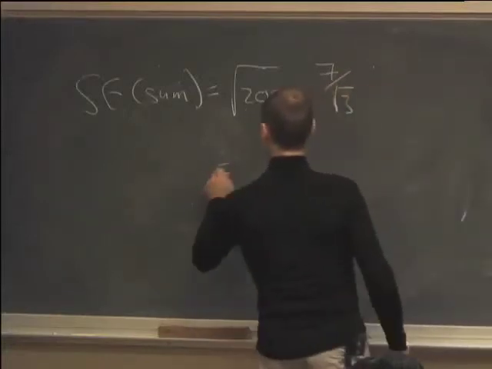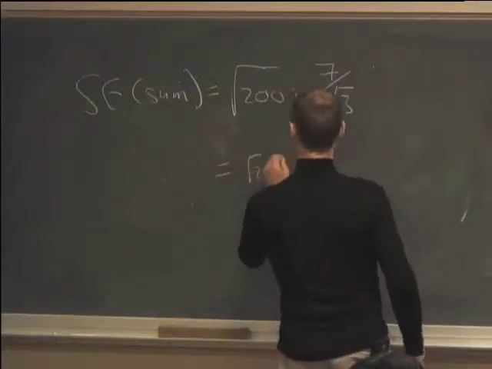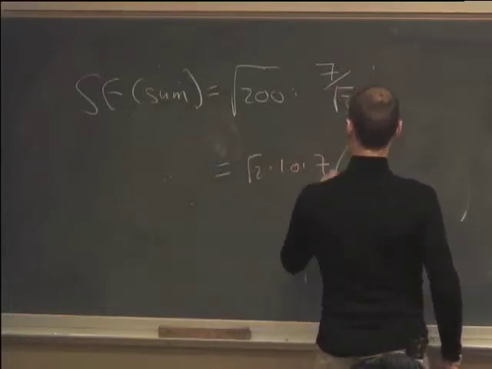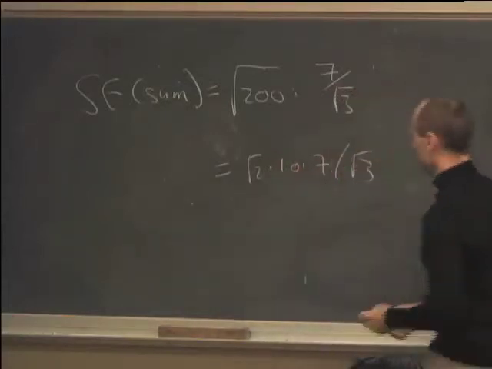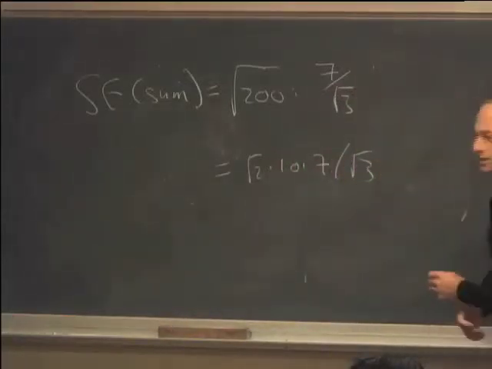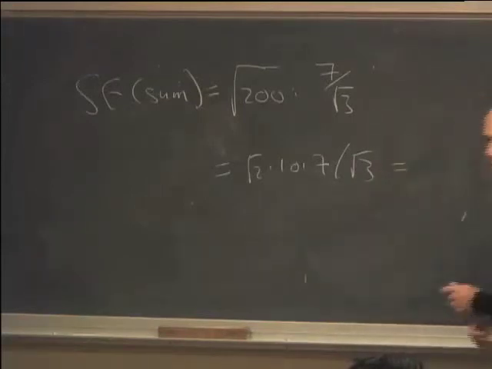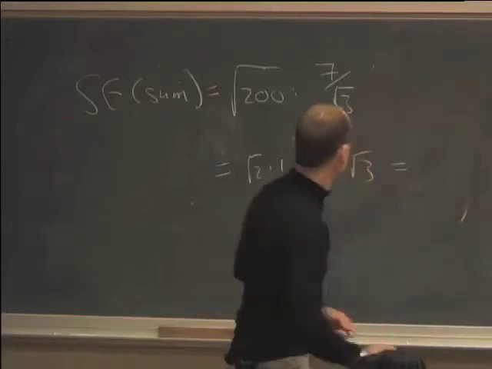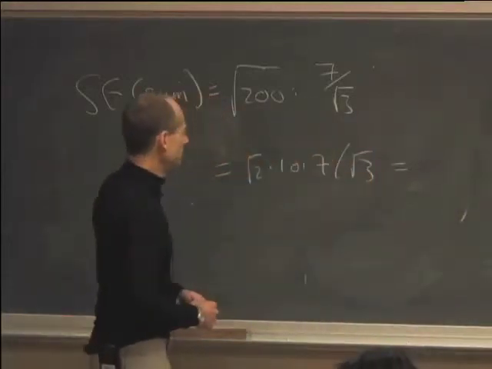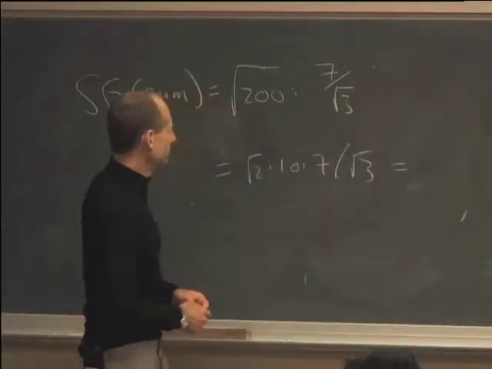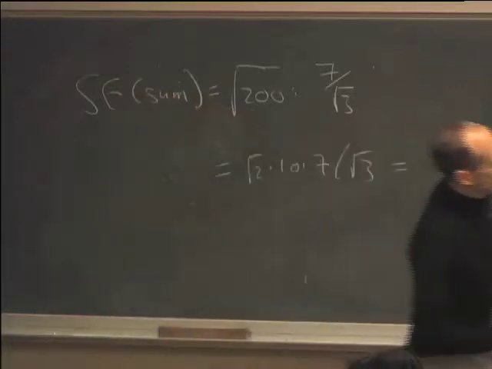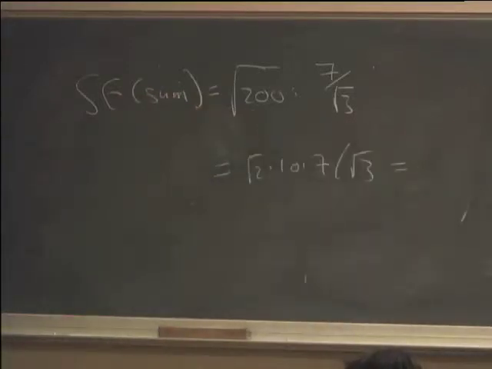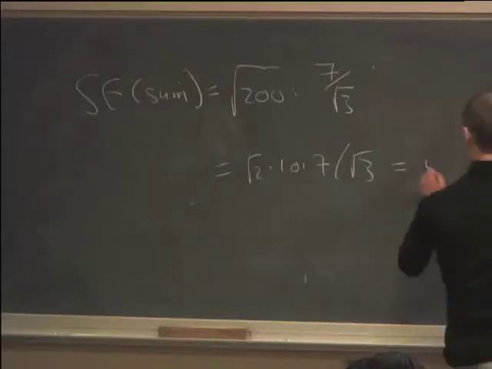Square root of 200 looks like the square root of 2 times 10, times 7 divided by the square root of 3. Somebody have a number? 57.15? Gee, look at that. Okay.